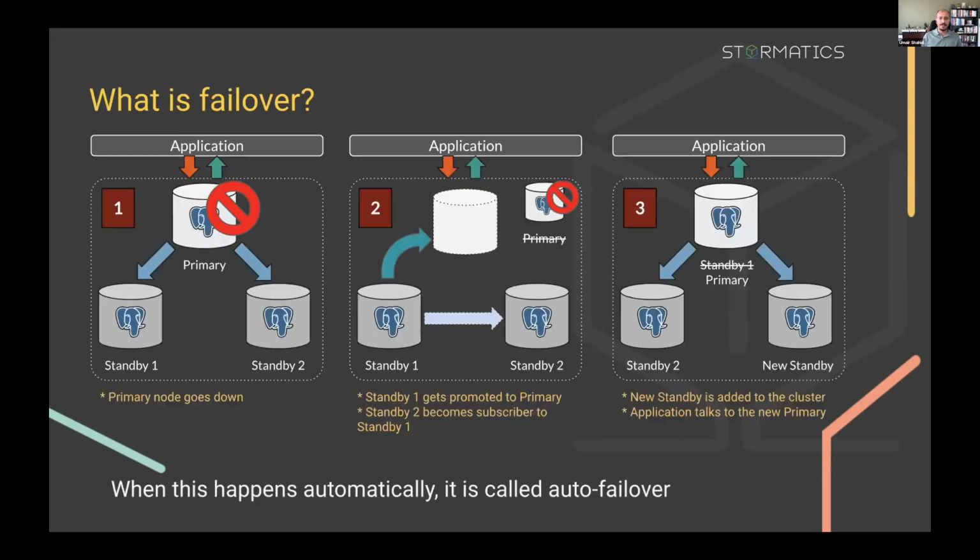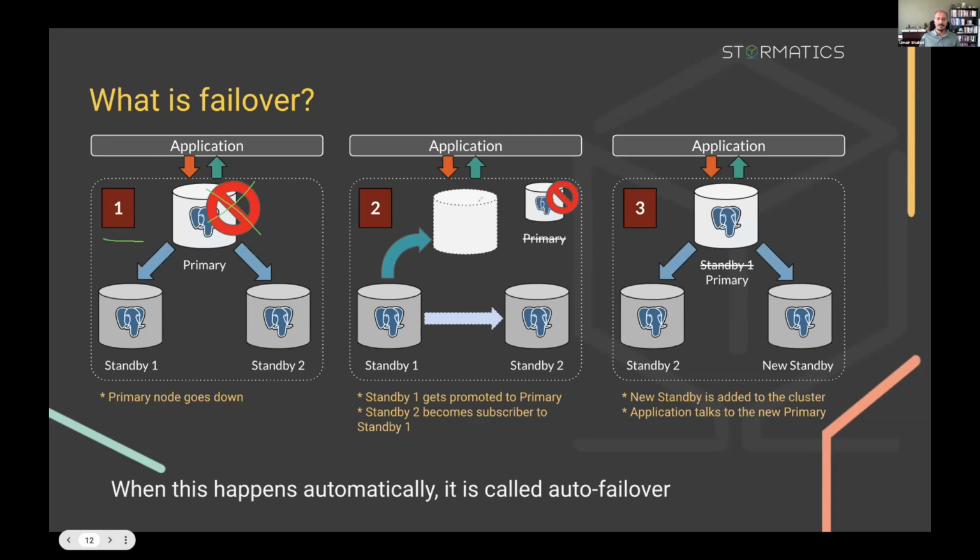As we establish these definitions, here is a visual representation of what a failover looks like. Step one, right here, the primary has gone down for whatever reason. Maybe there has been a system crash, maybe the network connectivity has gone down, and the cluster detects that the primary is no longer available.